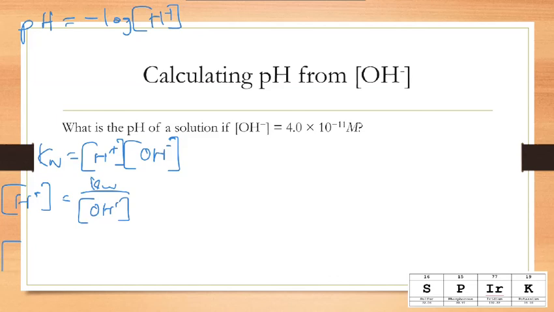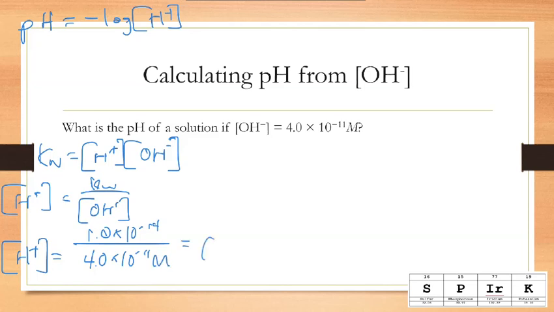So let's plug in our values. H plus is equal to, Kw is always 1.0 times 10 to the negative 14, divided by 4.0 times 10 to the negative 11. So our H plus concentration is 0.00025 molar.